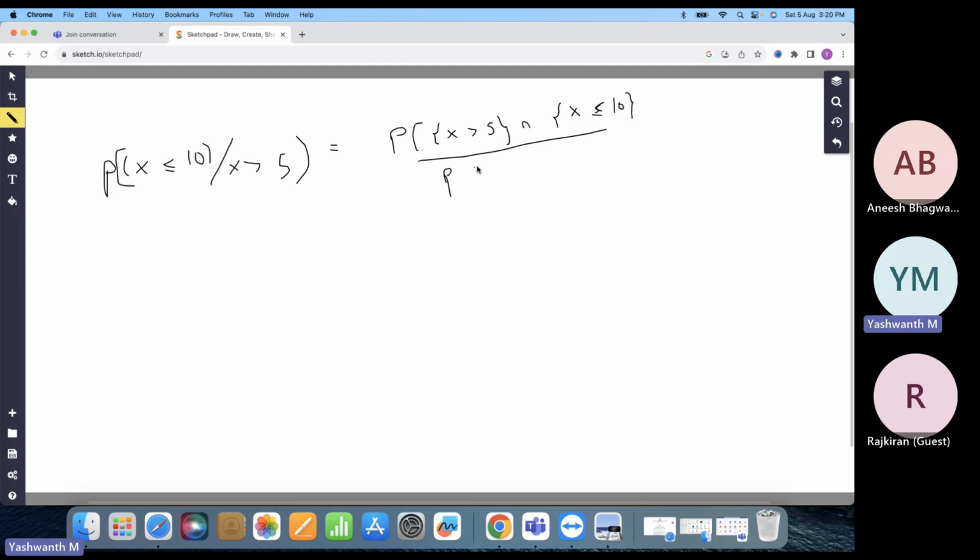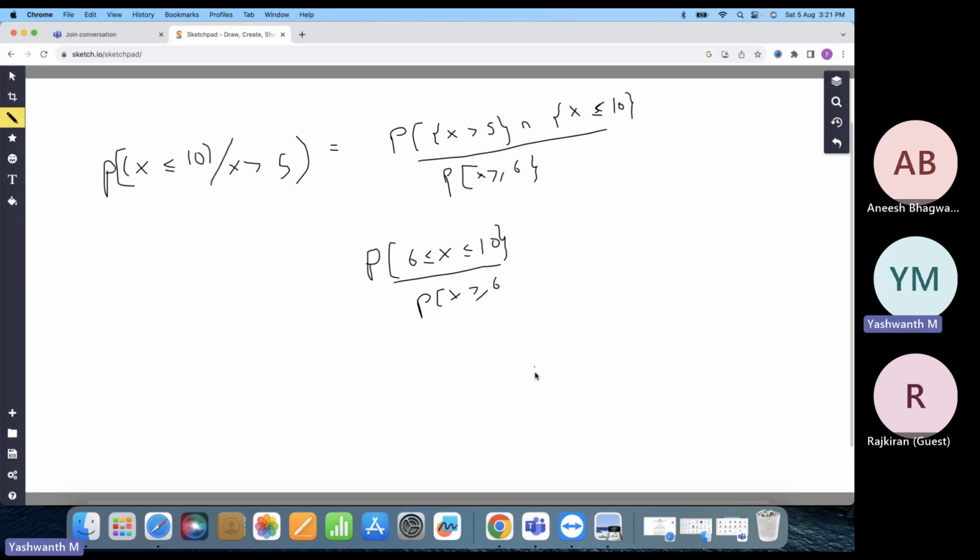This is the probability of X greater than or equal to 6, since I can write X greater than 5 as X greater than or equal to 6 because it is discrete, over the probability of X greater than or equal to 6.